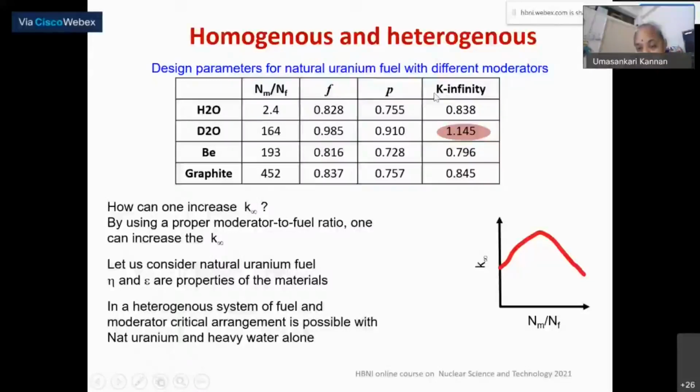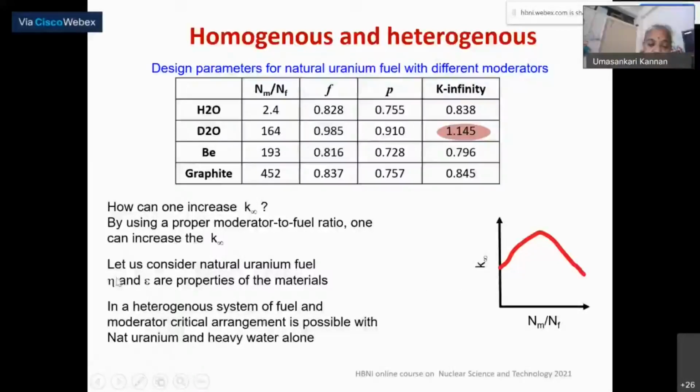Only then you will have a chain reacting system. Otherwise, the chain reaction will be dying down. So you can get a critical combination only with heavy water in a natural uranium system, where we get a K infinity of about 1.145. All others are lower than 1, so they will not form a critical arrangement.